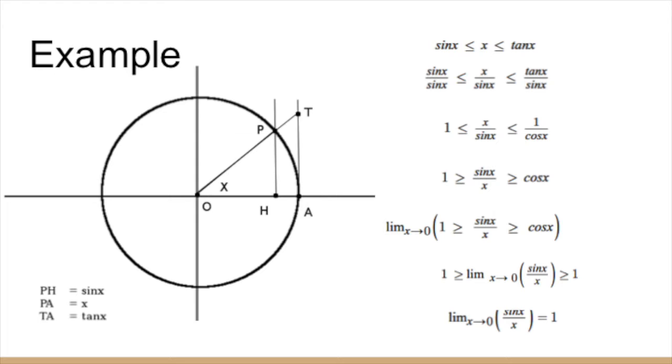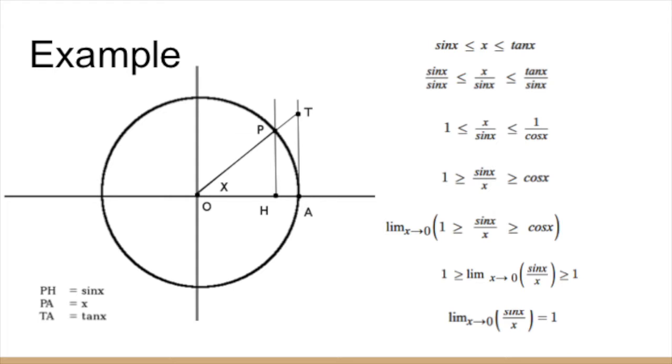Finally, we take the limit as x goes to 0 and find that sin x over x is actually in between 1 and 1, or 1. So, the limit of sin x over x as x tends to 0 equals 1.